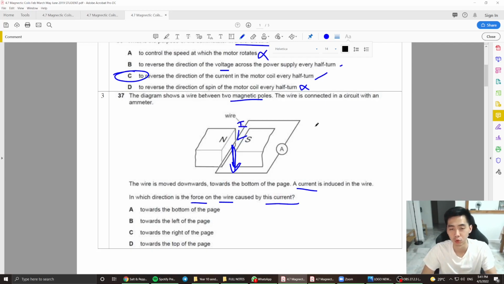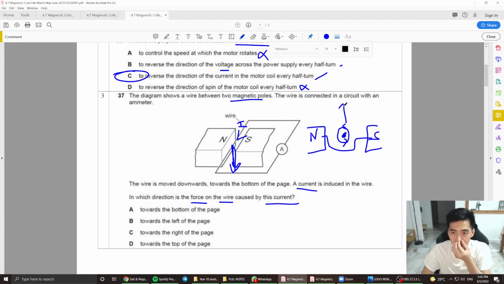If I were to draw the cross-section area of this, the north pole will be here, the south pole will be here. Because the current is coming inwards, you'll have a magnetic field that is going to go in this clockwise direction. And if you have a magnetic field in this clockwise direction here, the magnetic field generated will actually push this coil upwards here instead, because you have to follow the roundabout, right?